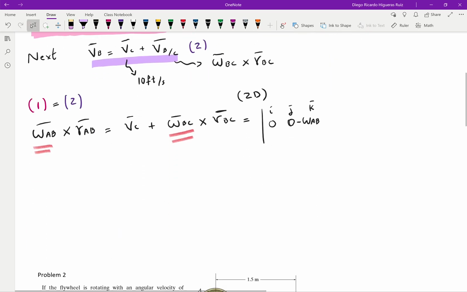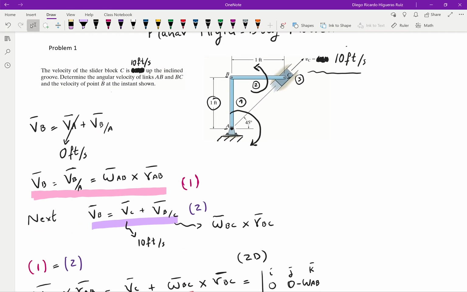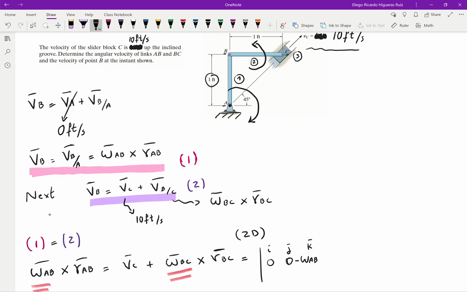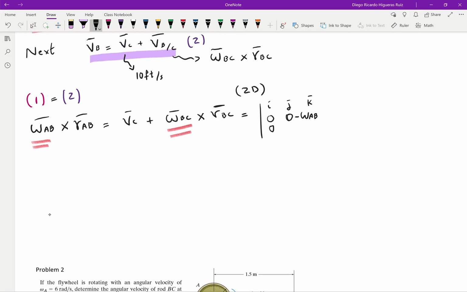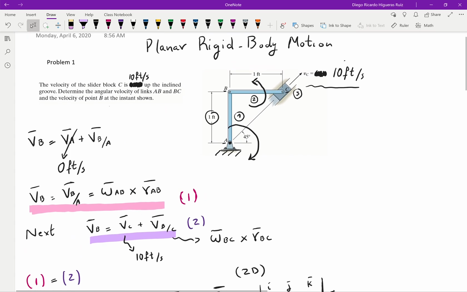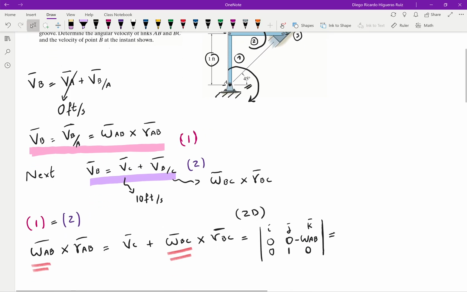So that's going to be negative, and then we're going to have the position from A to B. It's going to be 1 positive in the J. That's going to be equal to VC, which can be decomposed. We have this 45 degrees angle right there.